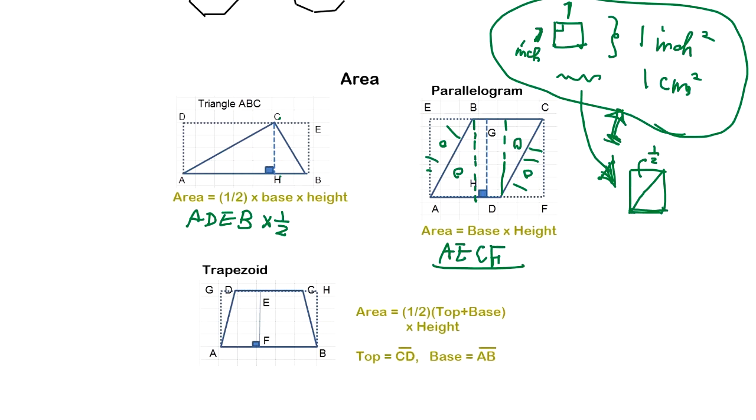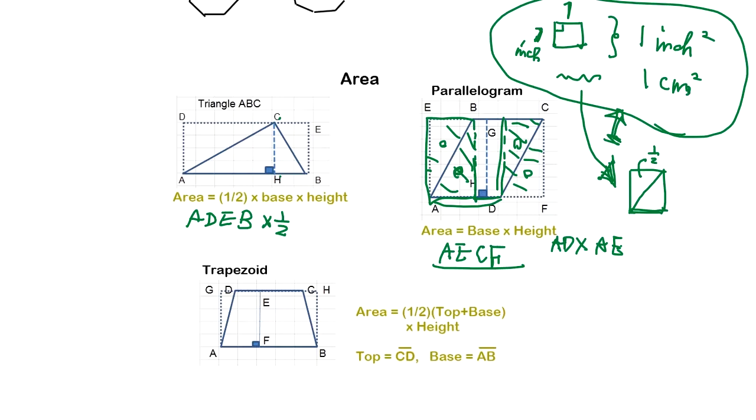So basically this triangle area and this triangle area is the same as this area plus this area. So it's going to be AD times the height, right? AE. Okay.